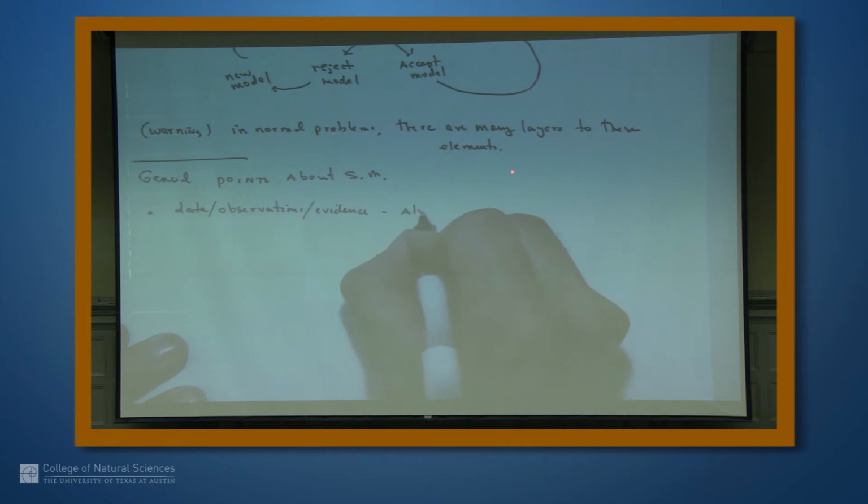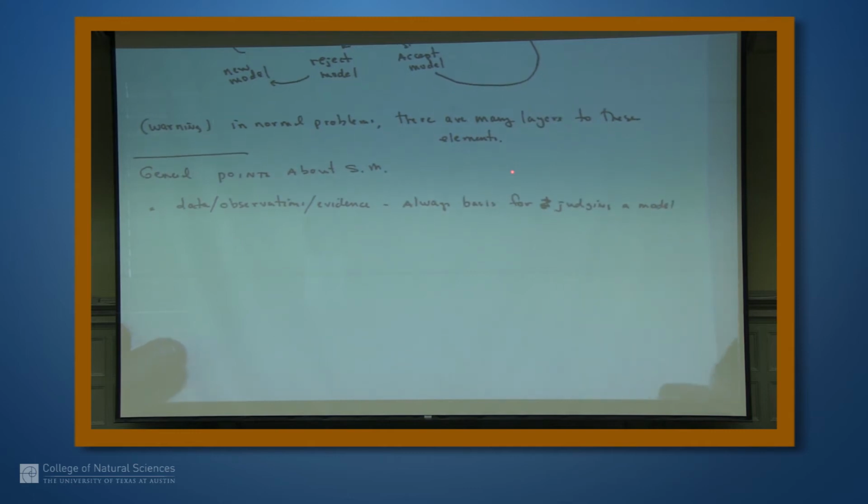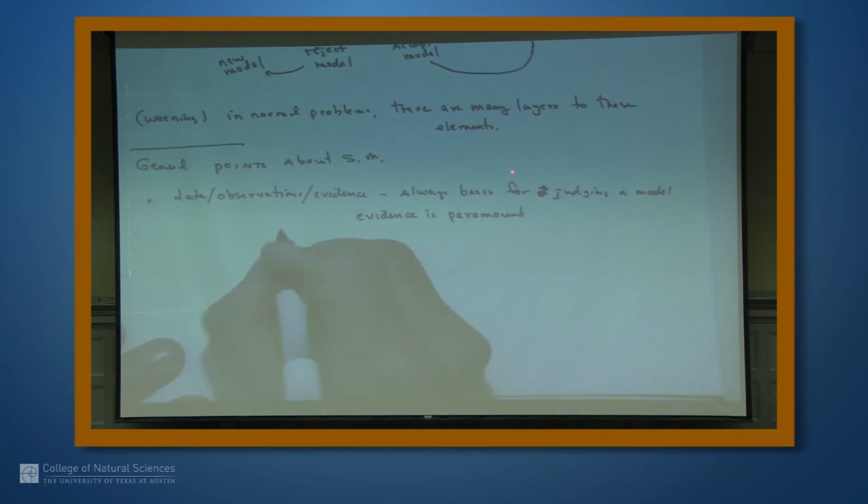This is always the basis for judging a model. Evidence is paramount in the scientific method, meaning the most important thing. Science does not entertain models that lack supporting evidence.